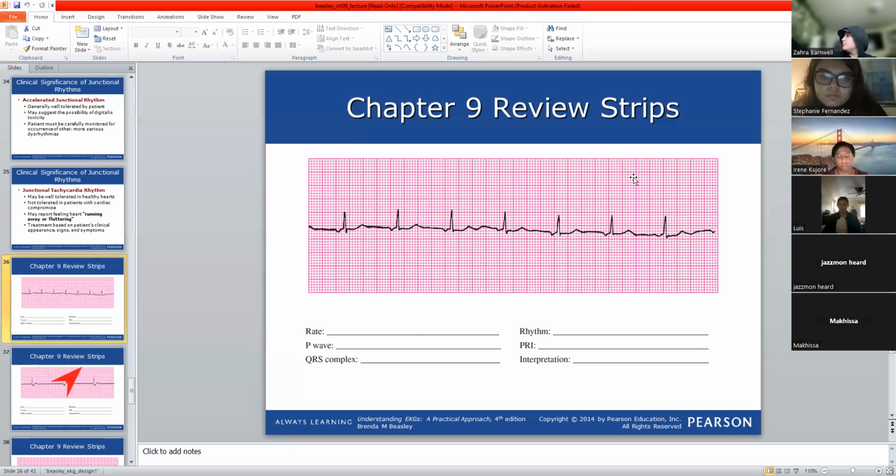Here, we have to mention what is the rate, then the rhythm, then you comment on the P wave, and the PR interval, then the QRS complex, and after that you put your interpretation. This is a very important practice, and when you get this very easy, believe me, you will answer the exam so smoothly. So please pay attention to this, not only this chapter, but as I told you, from 7. You will practice and get your eye familiar with this.